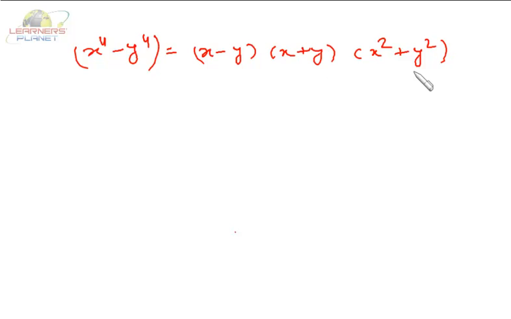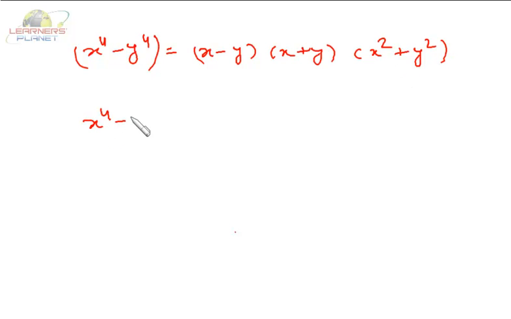Now all of these are factors of x raised to 4 minus y raised to 4, and x raised to 4 minus y raised to 4 is the product of x minus y, x plus y, and x square plus y square. So x to the 4 minus y to the 4 is divisible by x minus y. It is divisible by x plus y, and it is also divisible by x square plus y square.